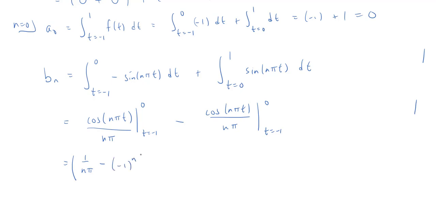This is minus 1 to the n over n pi, of course, still. Okay, let's jump over to the other one. We have minus. Now again, we wrote negative 1 to the 0. Of course, this is supposed to be 0 to 1. At 1, okay, there's our alternator, minus 1 to the n divided by n pi. Minus, and at 0, we get, again, 1 over n pi.